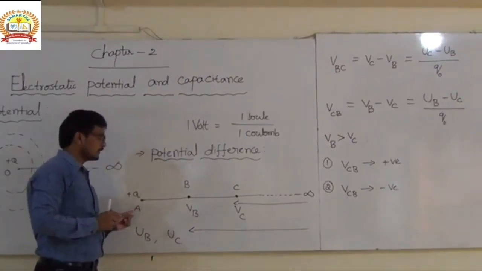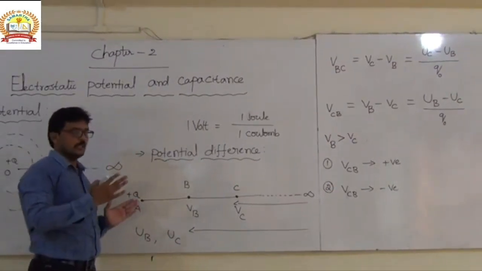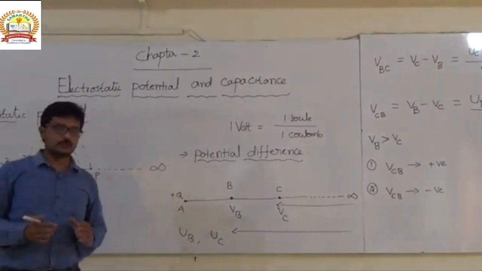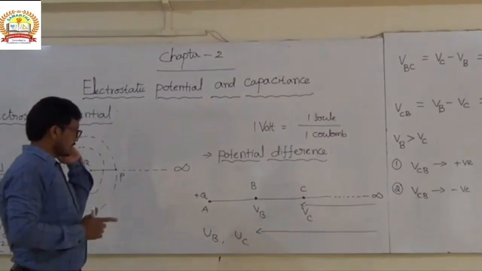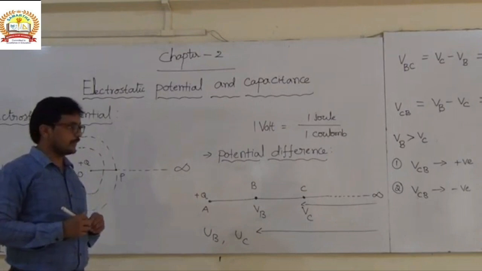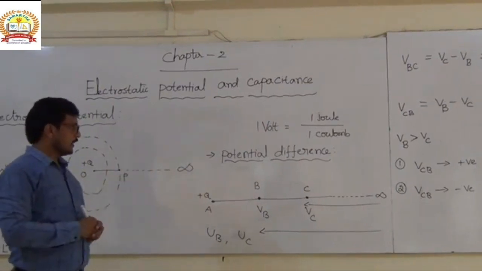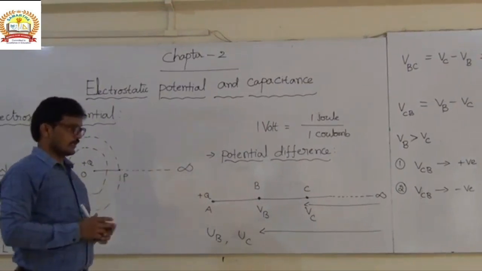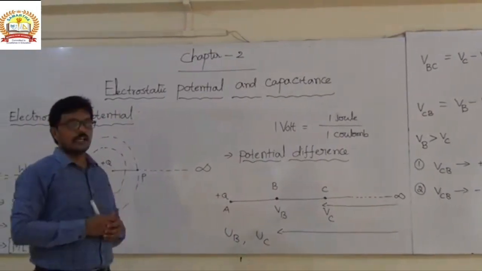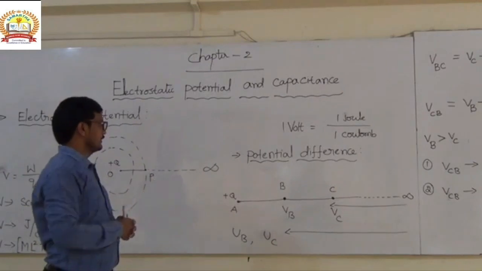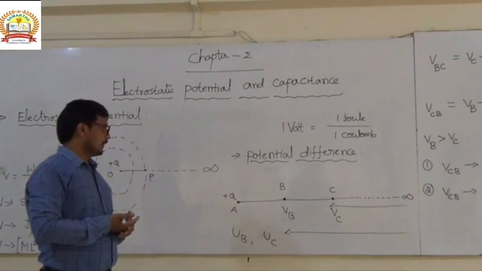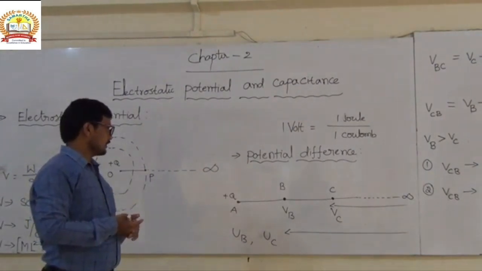If the charge is positive, then the electric field is away from the charge, because we know the direction of the electric field and the direction of the electrostatic force. If the charge is negative, then the direction of the electric field is towards the charge.